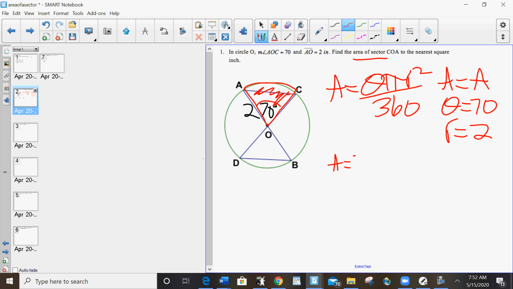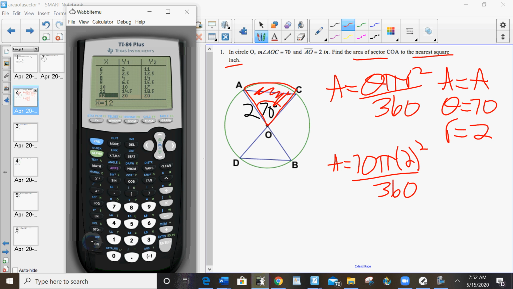So it's A equals 70 pi 2 squared over 360. The only little thing to be careful of here is to determine if you're typing pi in or not. We talked about that in the volume unit. It wants the answer to the nearest square inch. So because it wants the answer rounded, yes, I'm typing pi in.